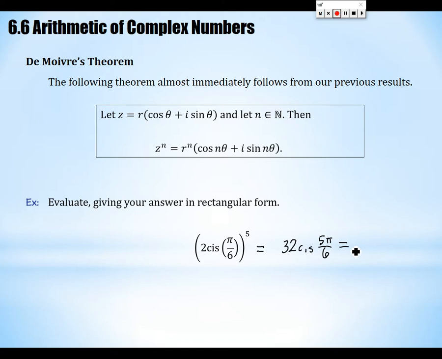Yeah, I've got to slow down, professor. Negative root 3 over 2 plus i times 1/2. Oh, I'm with you. Negative 16 root 3 is what you said. Got it. Plus 16i.